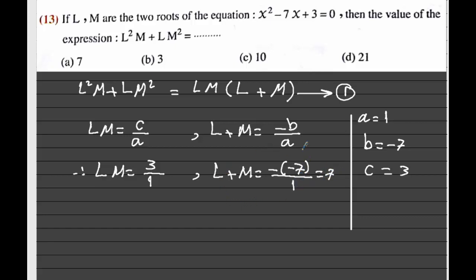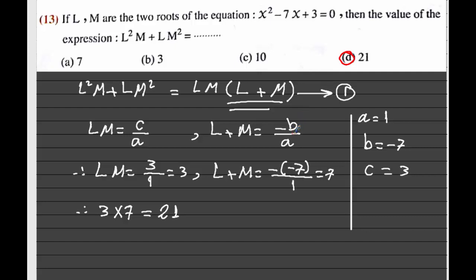So substituting, we get 3 over 1 equals 3. So we have 3 multiply (L plus M), which equals 7, and the result equals 21, and we will choose letter D.